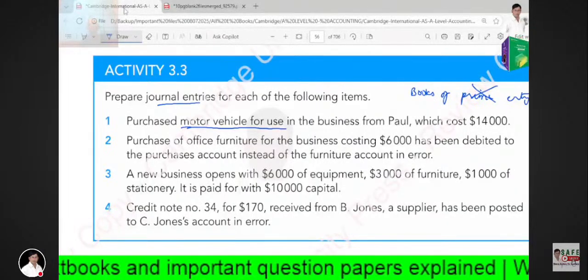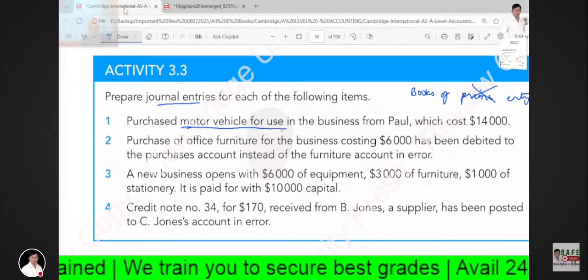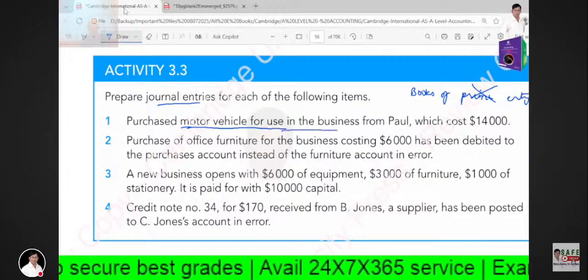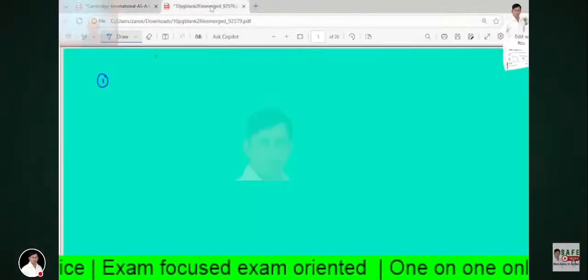But since it is a motor vehicle for use in the business, it will be recorded in the general journal.